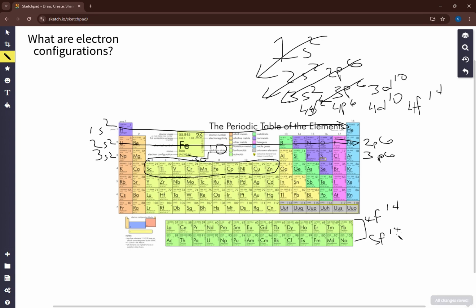So what this does is it makes it really easy for us to figure out electron configurations. Let's say I want to figure out the electron configuration of iodine. Iodine's right over here, so this is super easy for me to do.